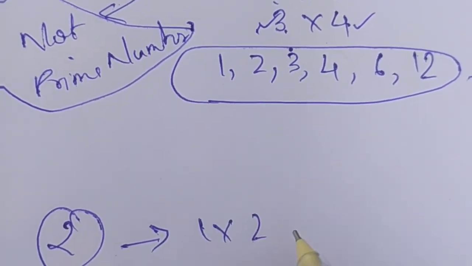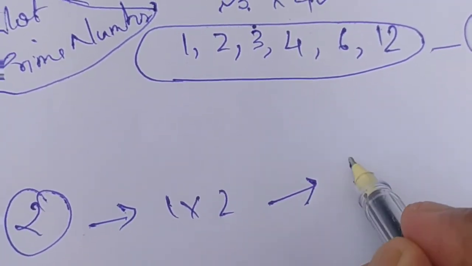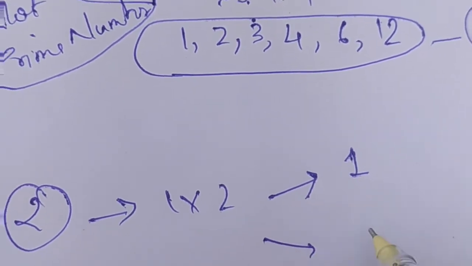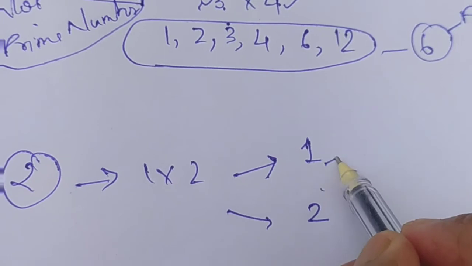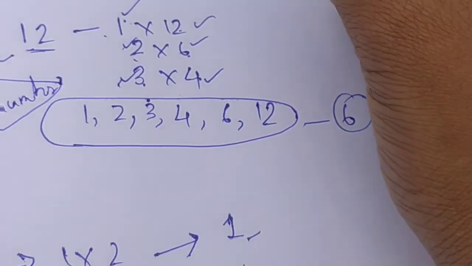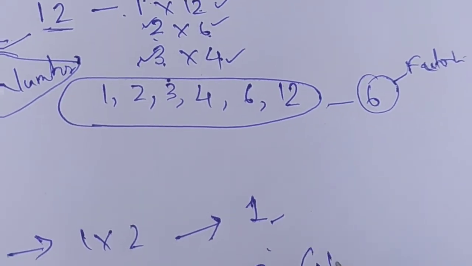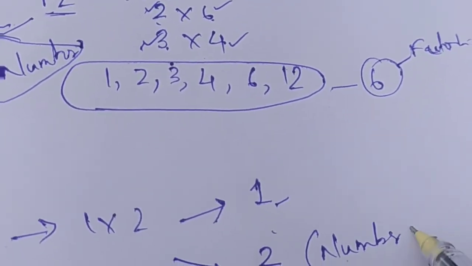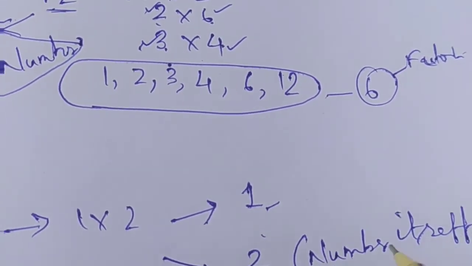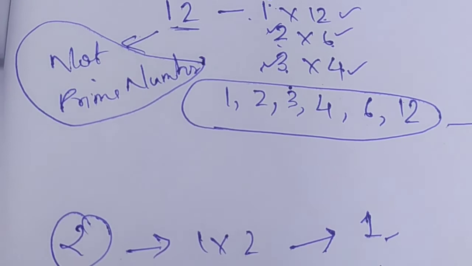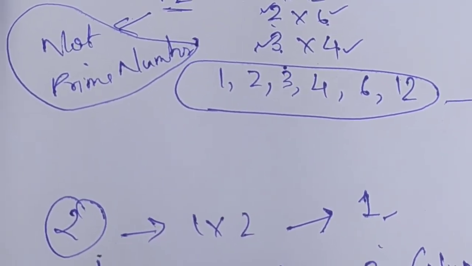So we can see here the factors are 1 and 2, that is 1 and the number itself. Therefore 2 is a prime number.